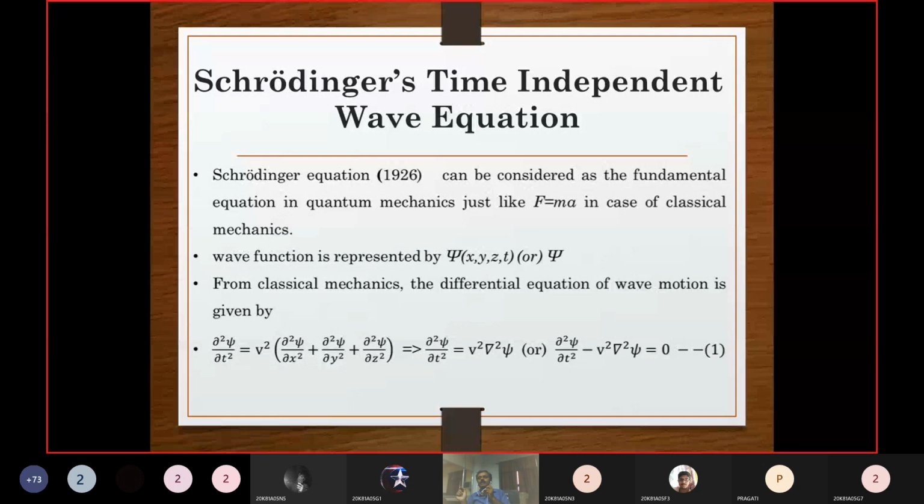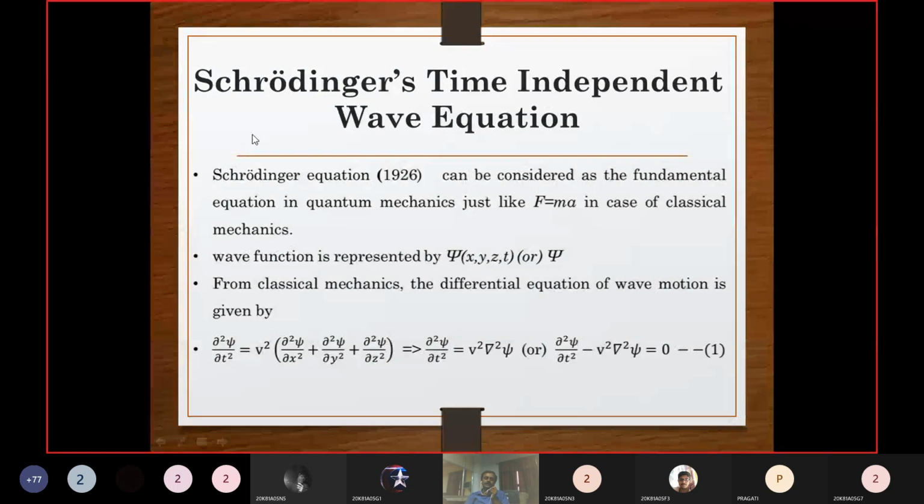If you want a particular region, we take psi star psi dx for one dimension; for three dimensions, instead of dx we take dx dy dz. If you want the total probability of the system, we integrate the wave function, which gives the total probability of the system.